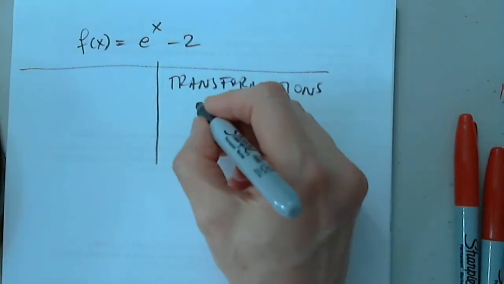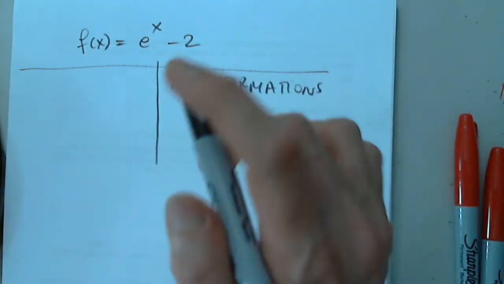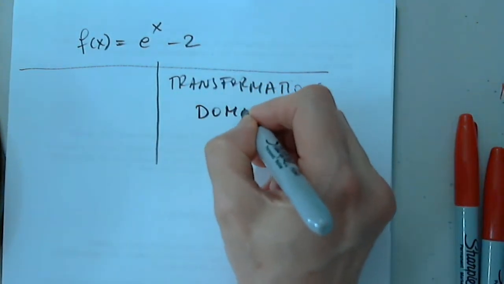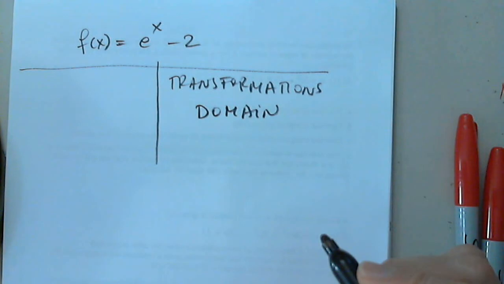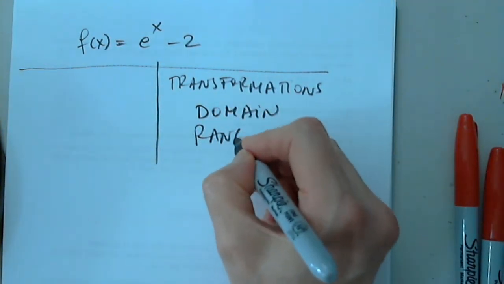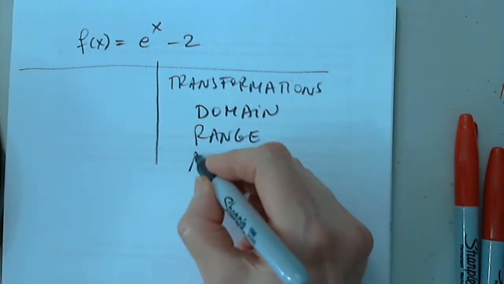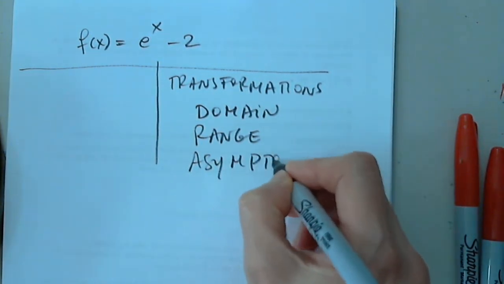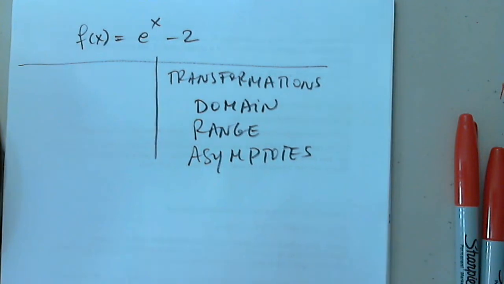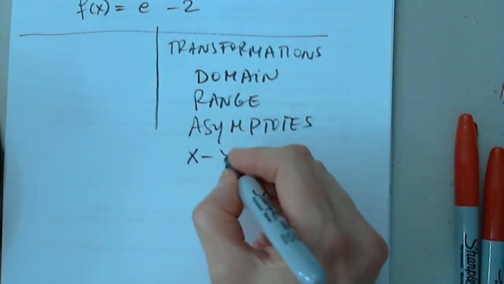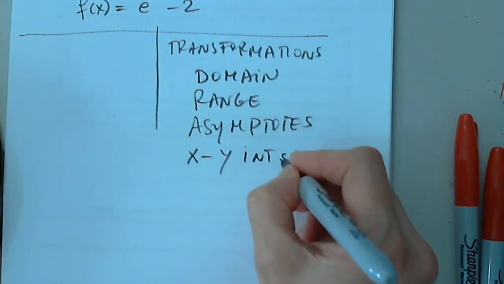But you still have to present, in any situation, the domain, the range after you graph it, the asymptotes, if any, and you have to find the x and y intercepts, if they exist.